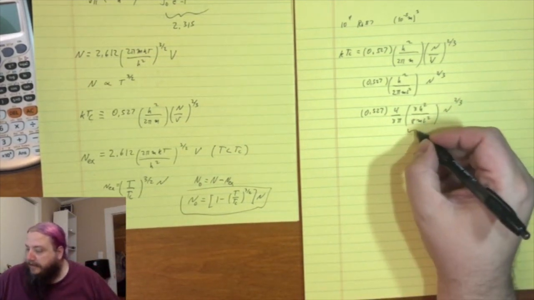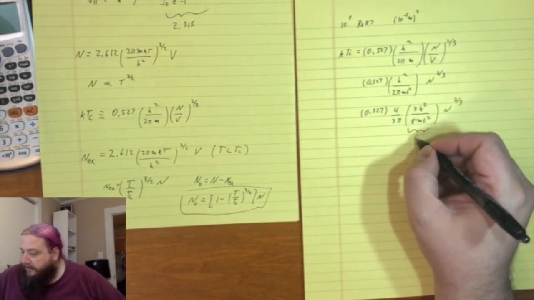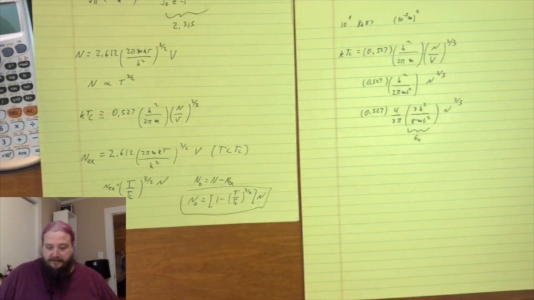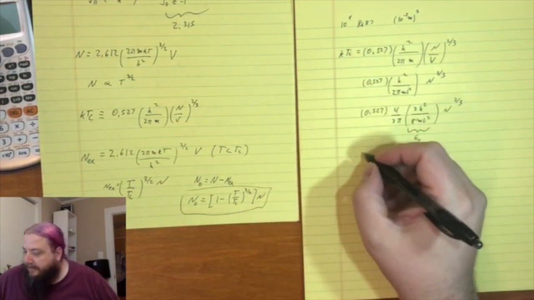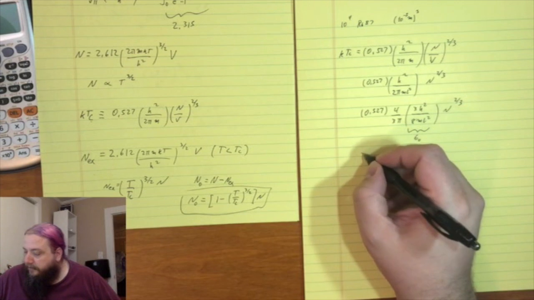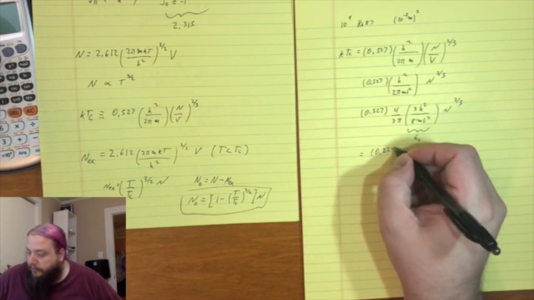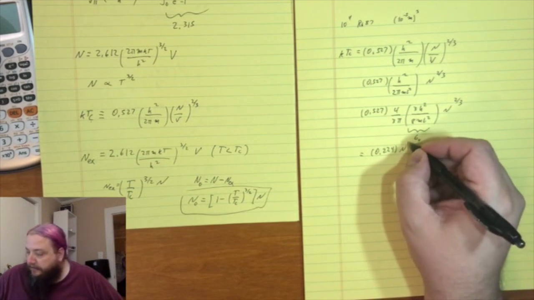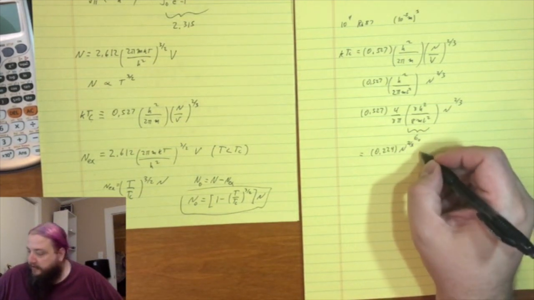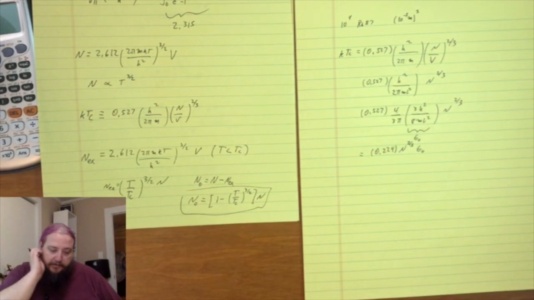And the reason for doing that is that this is the energy of the ground state. So we could write kT here in terms of the ground state energy. It's 0.224 n to the 2/3 times the ground state energy.